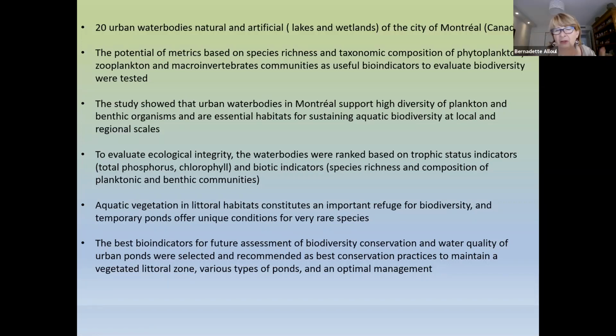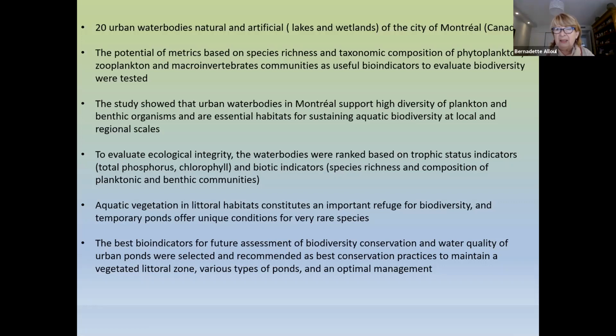Yes, I have done a lot of study on the natural lakes around Montreal, in the Laurentian area and the eastern townships, that are not clearly natural because they are also impacted by residential development and so on.